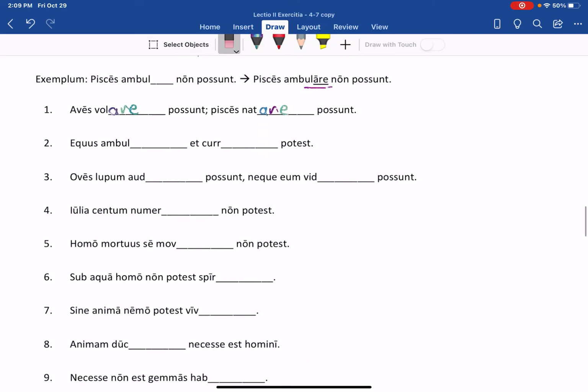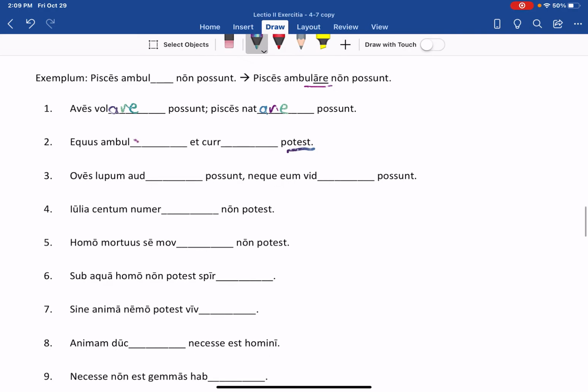Number 2, equus blank et blank potest. So we're talking about one horse. That's why it's potest instead of possunt. Right? Equus ambulare et currere potest. A horse is able to walk and to run.